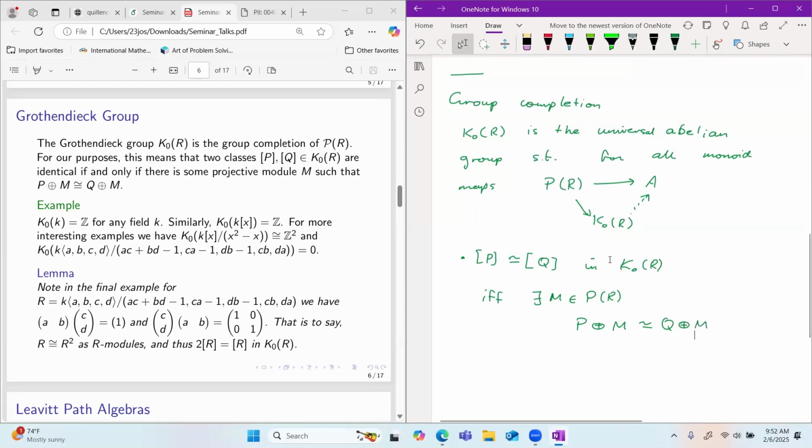And you also have formal differences in K0 of R, but more or less that's the same idea.